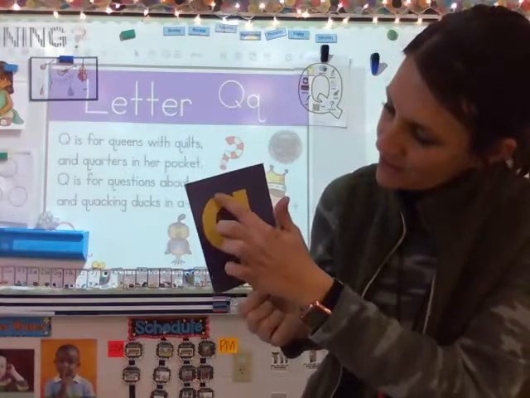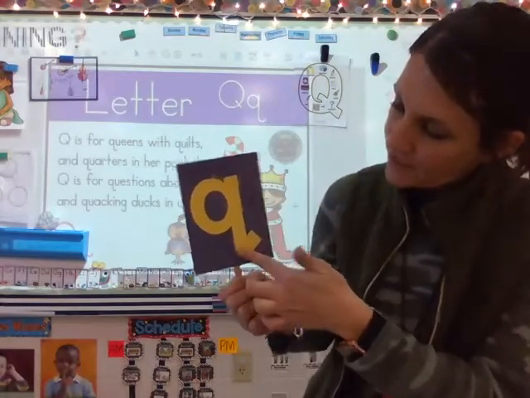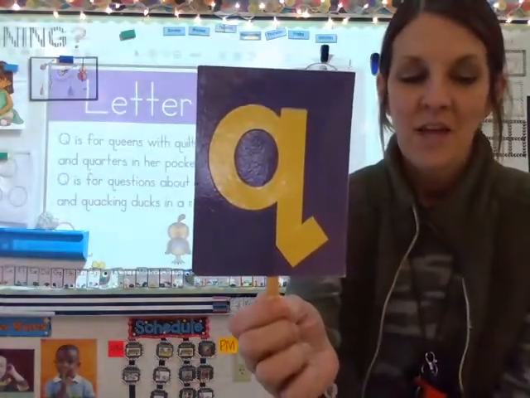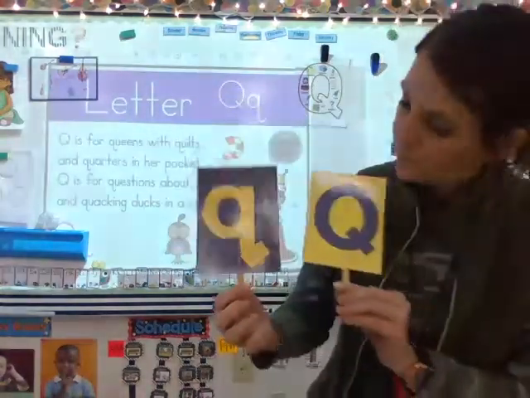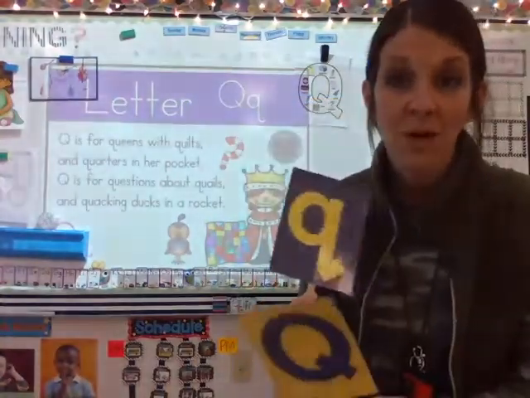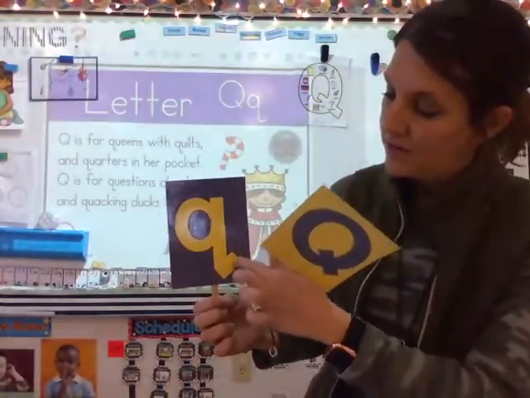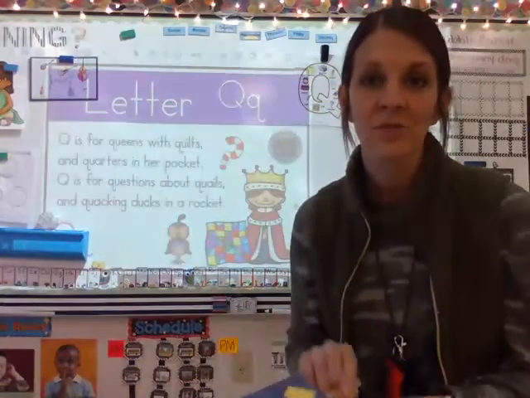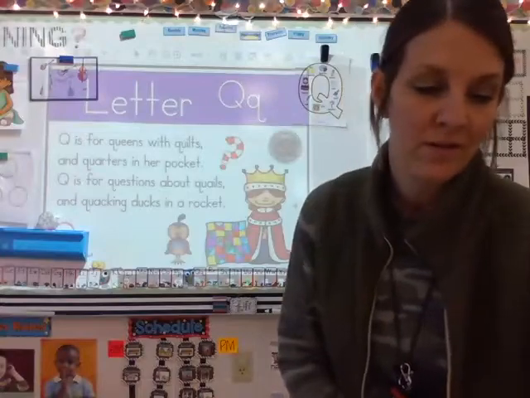My curvy line, a vertical line down, and it also has a horizontal line. My lowercase q is smaller than my capital Q, and just like our P, his tail likes to go under our line when we practice writing. When you're in the classroom this week, you'll see that on your notebook.